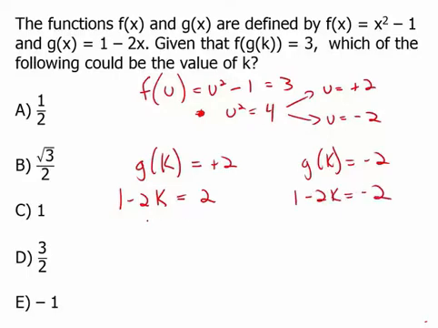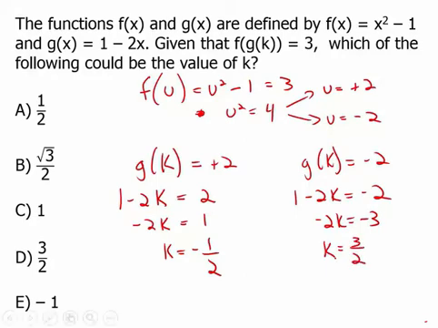Here we solve this, subtract 1 from both sides. Negative 2k equals 1, k equals negative 1/2. Here we solve this one, subtract 1 from both sides. Negative 2k equals negative 3. Divide. Negative 3 divided by negative 2 is positive 3/2.